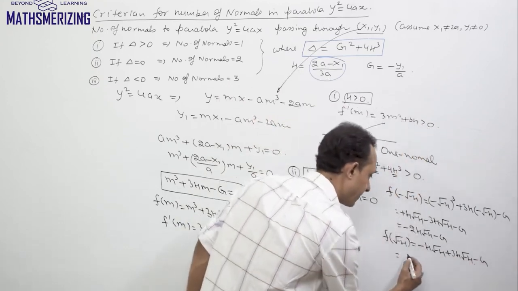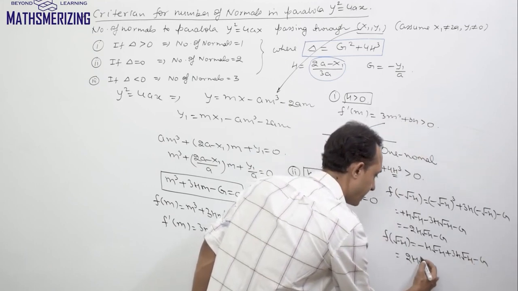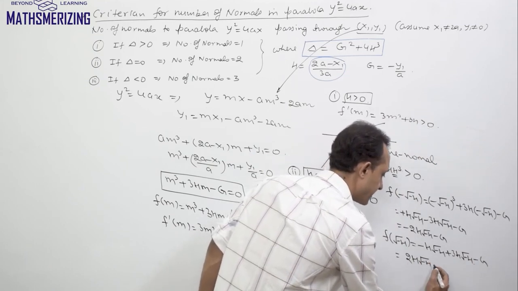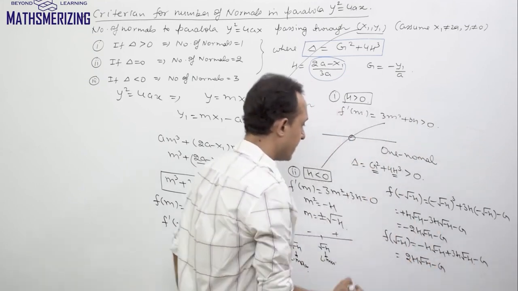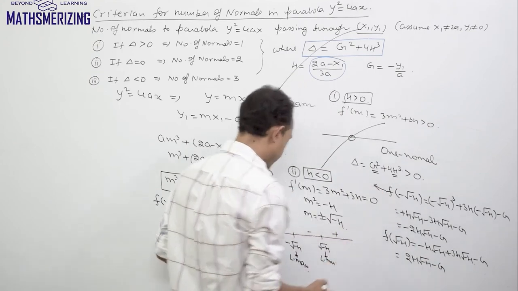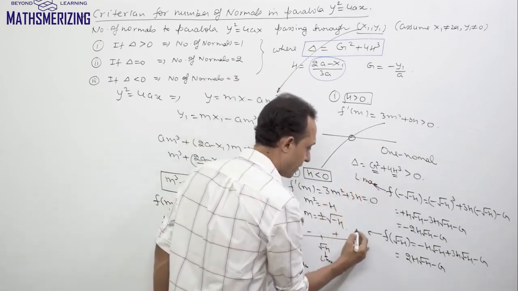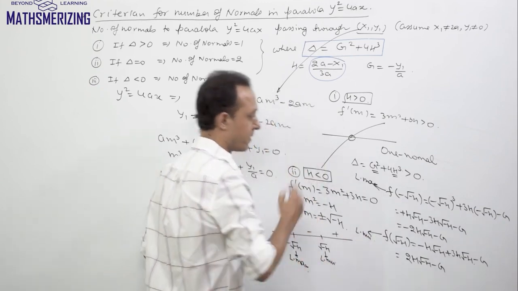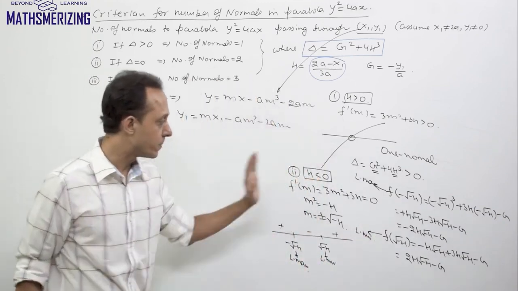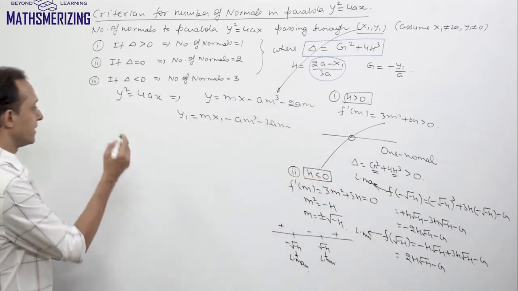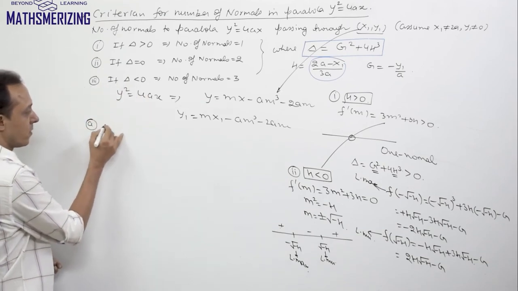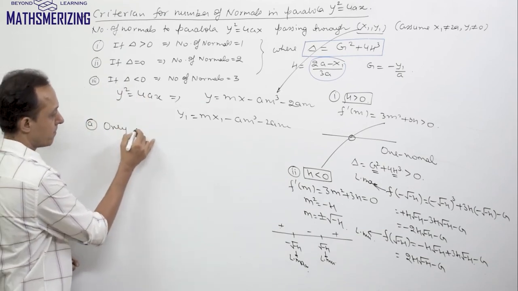So in that case, I get twice h under root of minus h and then minus g. So this is the value of local maximum and that is the value of local minima. Now for h less than 0, we'll consider the first case when this equation will have only one normal.